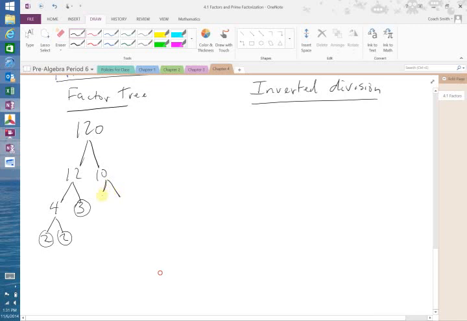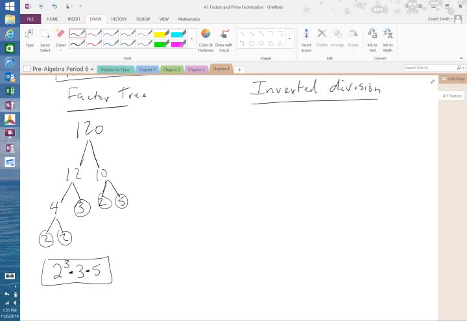Over here, I have to factor 10. The factors of 10 are 2 and 5. So those are both prime. So my prime factorization is 2 to the third times 3 times 5. Now 2 to the third times 3 times 5 must equal 120. If it doesn't, then you've done something wrong.